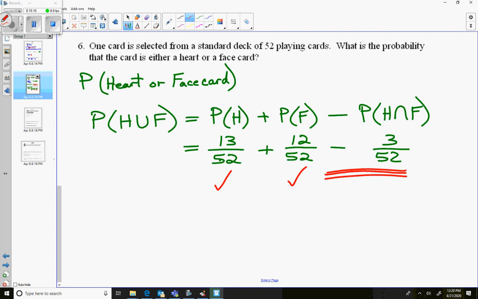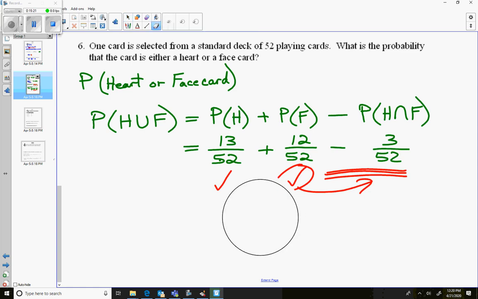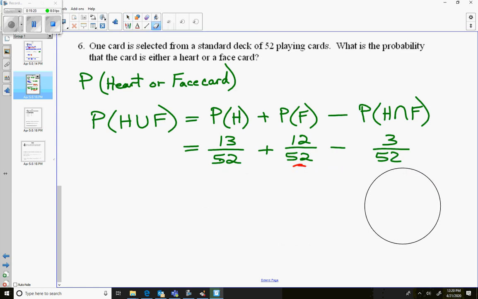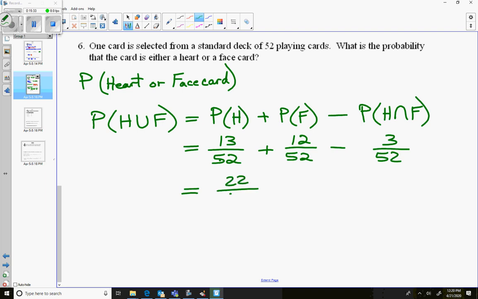So we counted them twice, and we don't want to count them twice. So to fix that, where we counted them a second time, we have to subtract it out. So that's the reason for that. And now just do the math. So 13 plus 12 minus 3 gives us 22 out of the 52, which does further reduce.